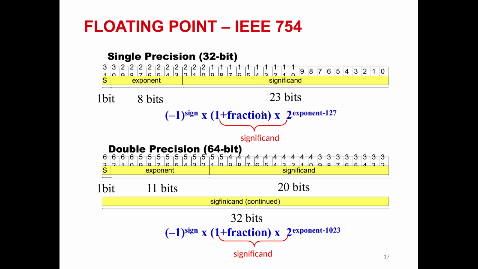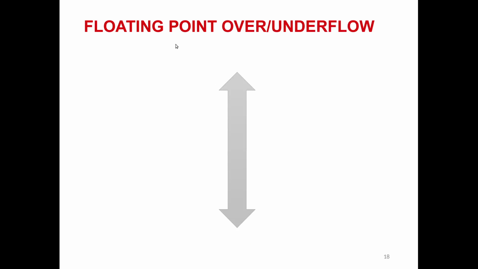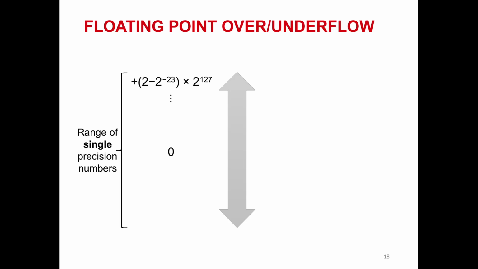And also, for the biggest significand and the biggest exponent it can have, there is an upper limit that it can show, and here is the overflow and underflow of floating point.